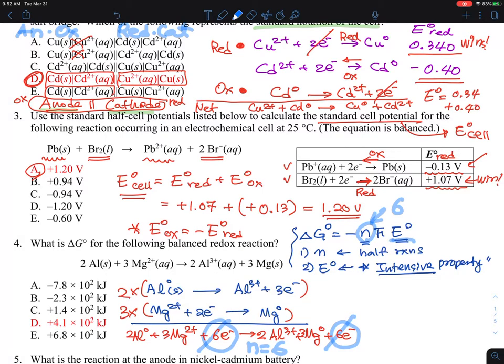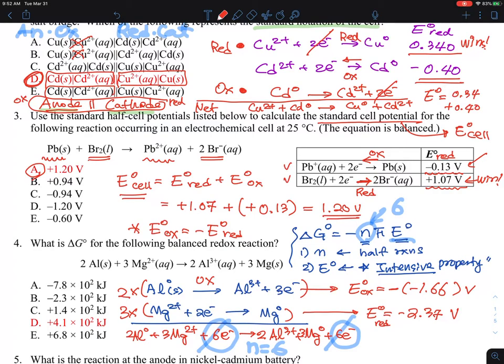And then I need to know my E potential. So I'm going to look at the values, and magnesium is the reduction potential, right? So I can copy down the reduction potential, E naught, which is minus 2.37. And then this one is actually oxidation. You see this here? I can find the reduction value, which is minus 1.66, but I need to put a negative on that because this is an oxidation value.